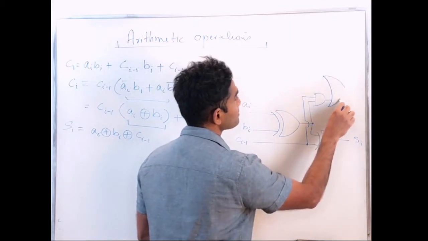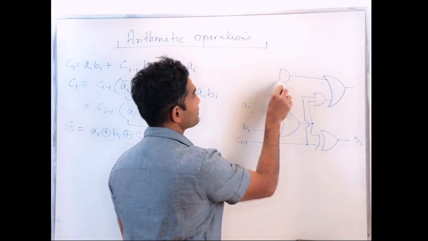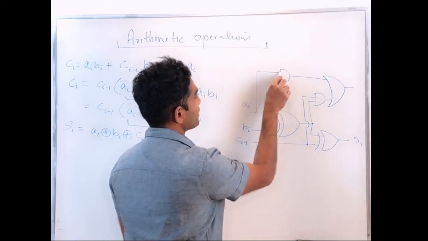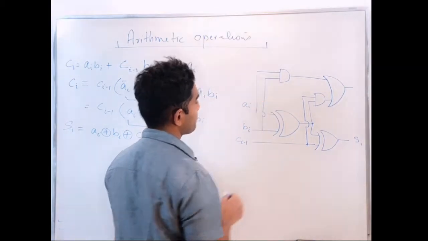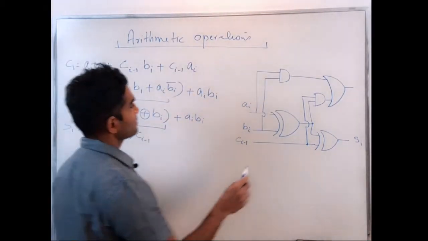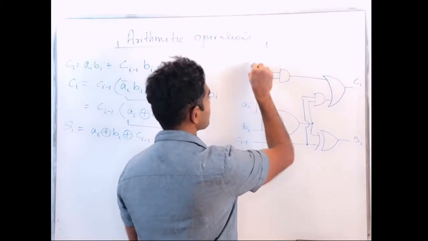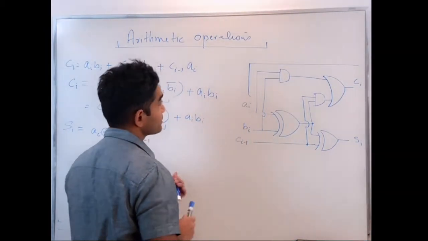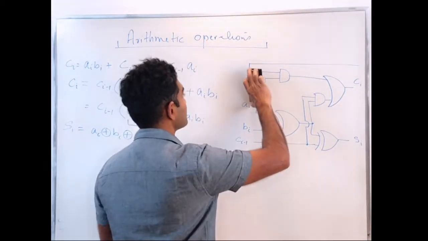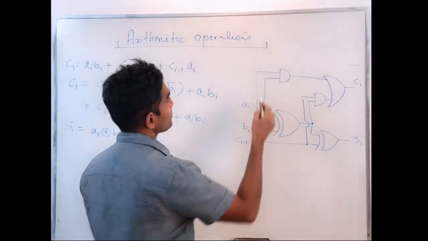plus Ai here. All this here plus Ai. That is my Ci. So that's what you have inside the module that we started out with. All right.